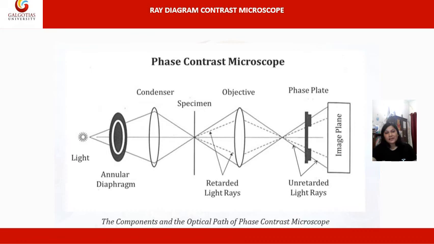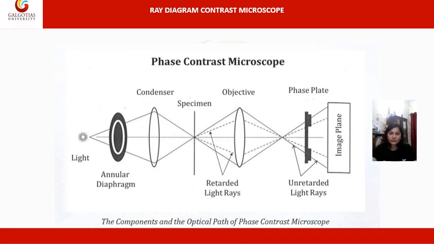After passing through the specimen, you can see here we are getting two types of light rays. The first one is the retarded light rays, which have been shown by the non-continuous light rays. These retarded light rays are passing through the specimen parts which are relatively denser, whereas the non-retarded light rays are passing through the parts of the specimen which are lighter.